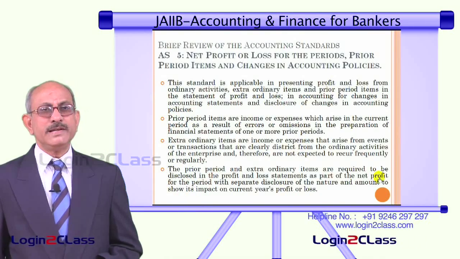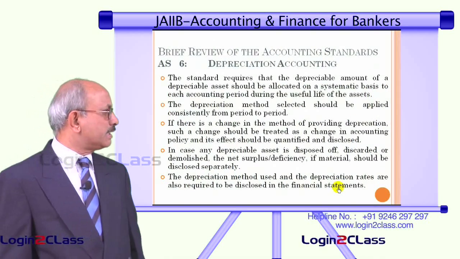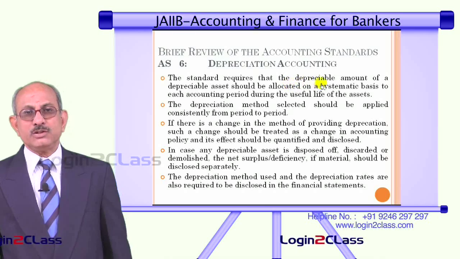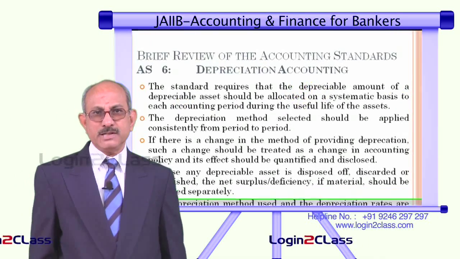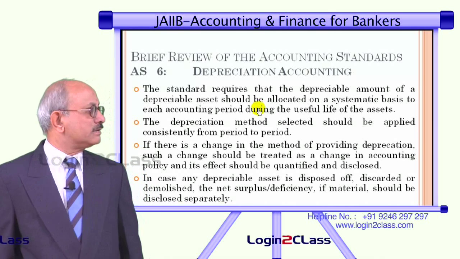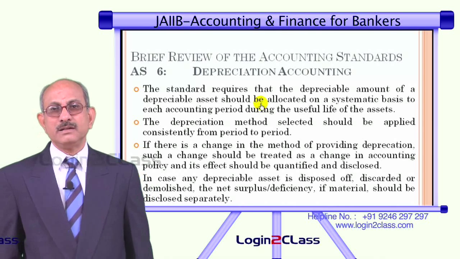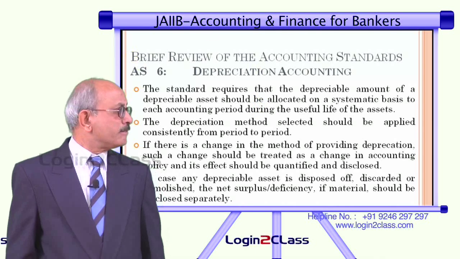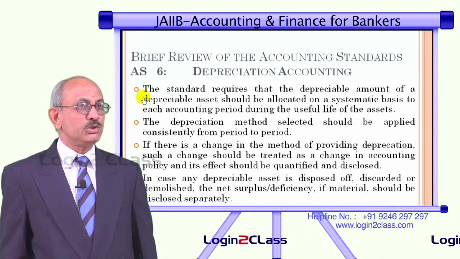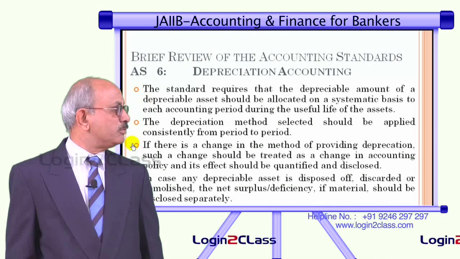Now, we will go to AS 6. This is called depreciation accounting. As we know, depreciation also has to be accounted for in the books of the entity in order to ensure that the profit and loss reflects a fair and true position of the happenings in the entity. And as we also know, there are different methods of computing depreciation.